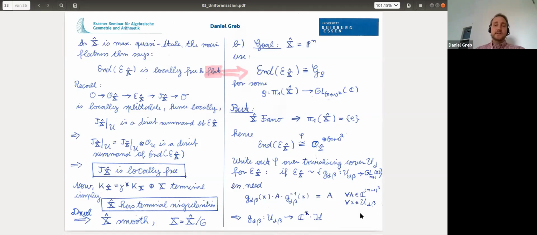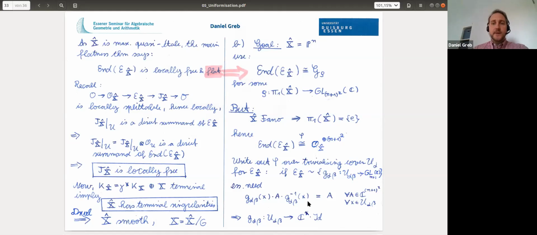But this means that your transition functions, if you evaluate them pointwise, are in the center of End, which means that they are diagonal. So this means that G alpha beta maps from U alpha beta to C star times the identity. Okay, after changing coordinates, this is what I suppress.